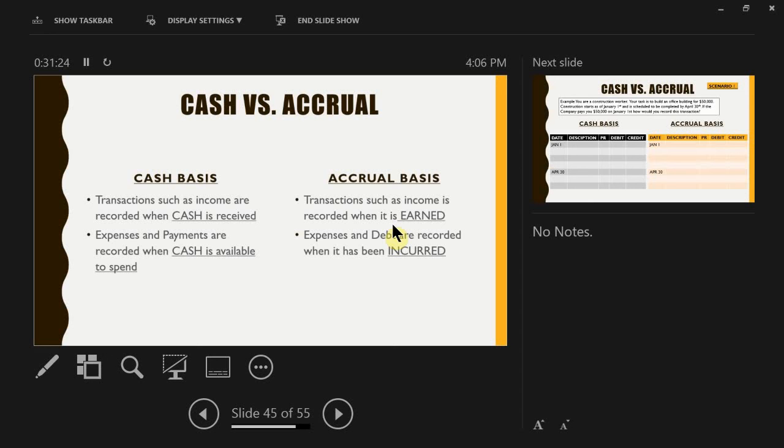You finished your job, boom, you completed your task, whether you received money or not. That goes with your expenses as well. If an expense has occurred, so the day that it happened, whether you paid or not, you're going to record that expense. So when it has been incurred, okay?